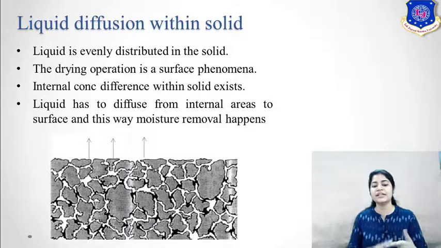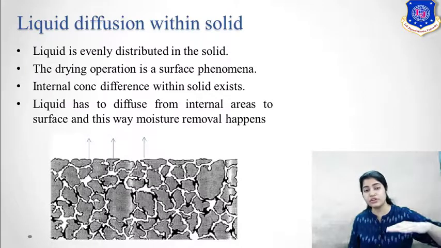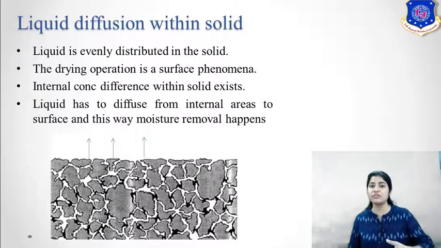So an internal concentration difference exists in your solid, between the amount of water on your surface and that in the middle of your solid, within the solid. That concentration difference always exists.